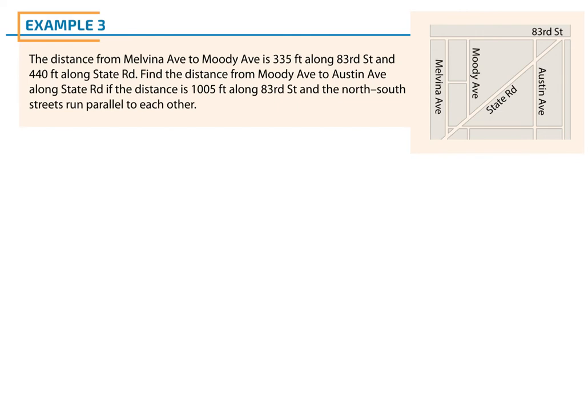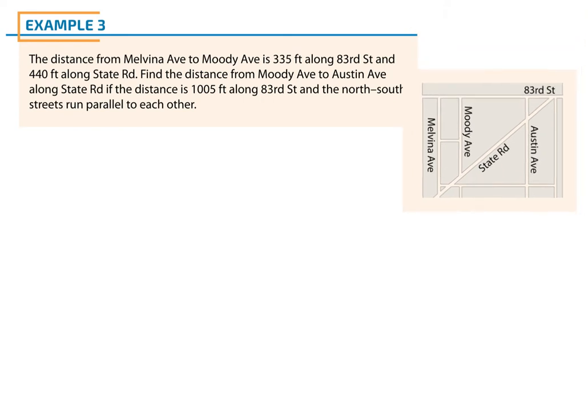The distance from Malvina Avenue to Moody Avenue is 335 feet long along 83rd Street. So the distance from Malvina to Moody is 335. They have given us this right here. It says, and 440 feet along State Road.